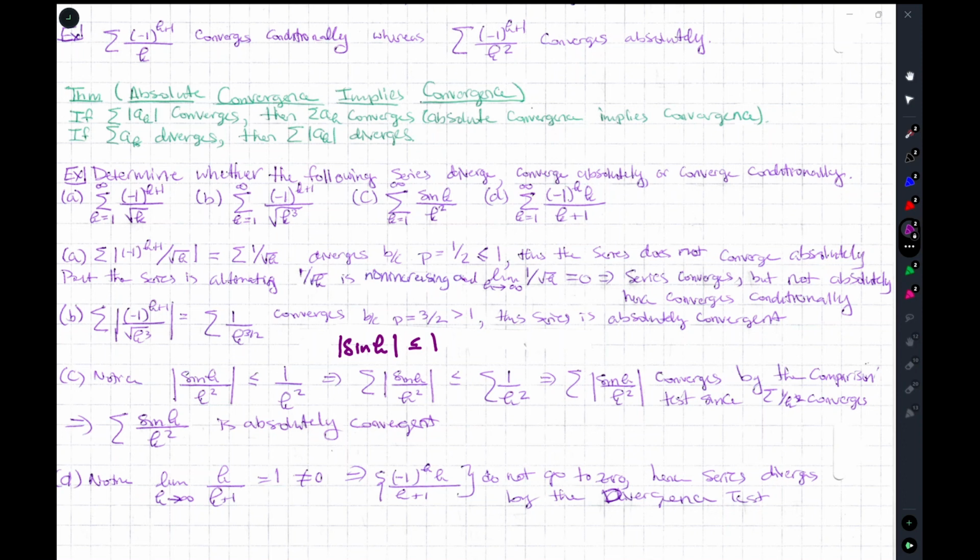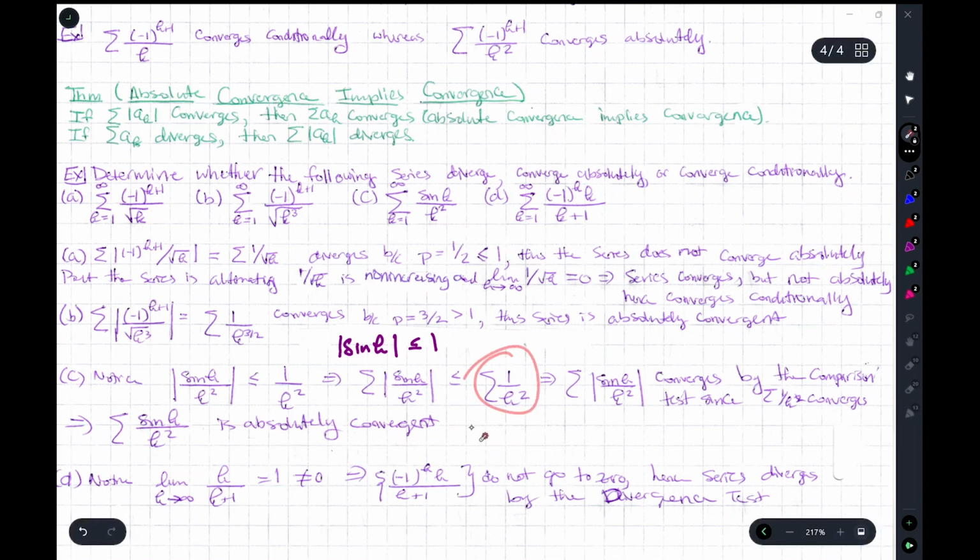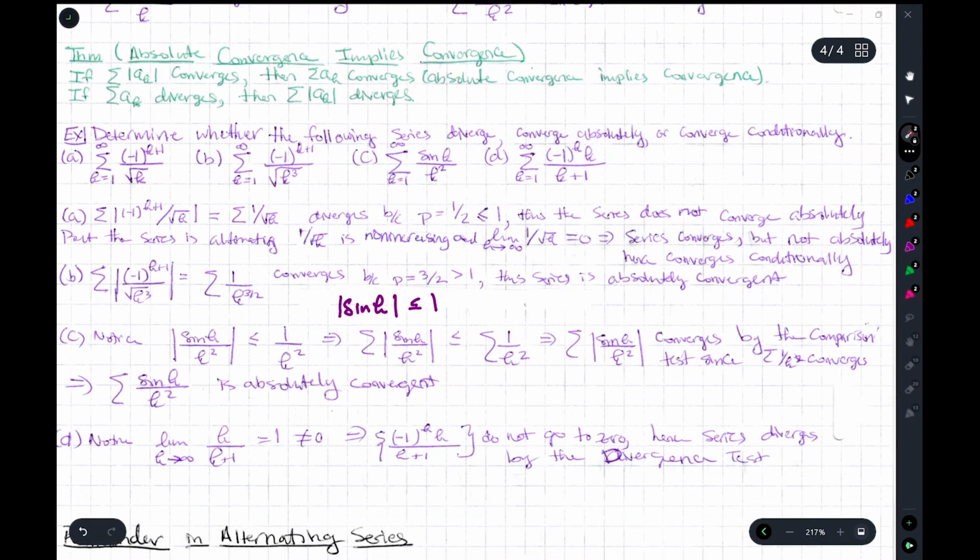And so we have this relation for the absolute value. And so doing the comparison test, we know that this is less than or equal to 1 over k squared, where p is equal to 2, which converges. So we know that this converges by the comparison test. And so sine k over k squared is absolutely convergent. And again, we don't have to do the alternating series because absolute convergence is stronger than just regular convergence.